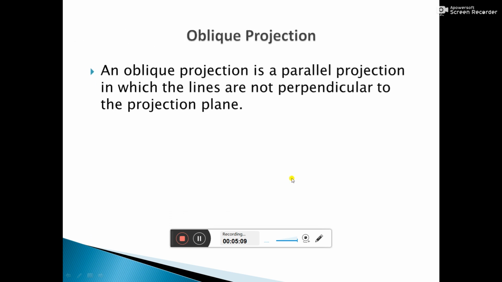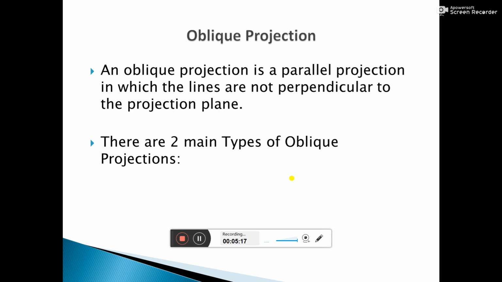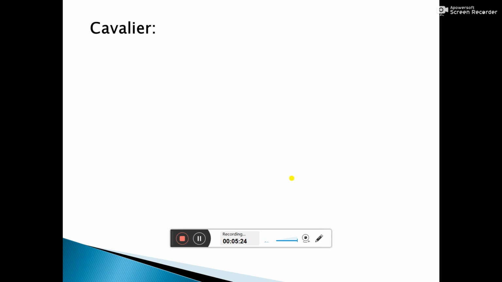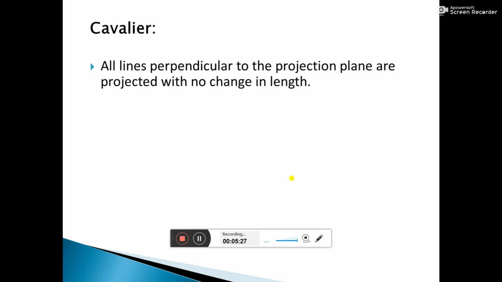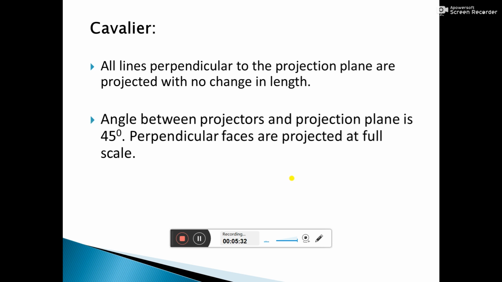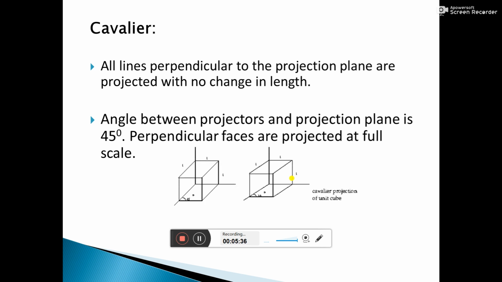Then oblique projection. Oblique projection is a parallel projection in which lines are not perpendicular to the projection plane. There are two main types of oblique projections, cavalier and cabinet. Cavalier: all lines perpendicular to the projection plane are projected with no change in length. That is, the angle between the projection and the projection plane is 45 degrees. The perpendicular faces are projected at full scale.